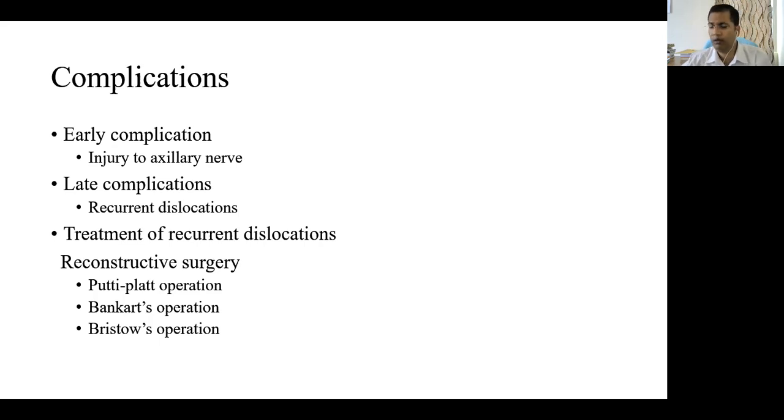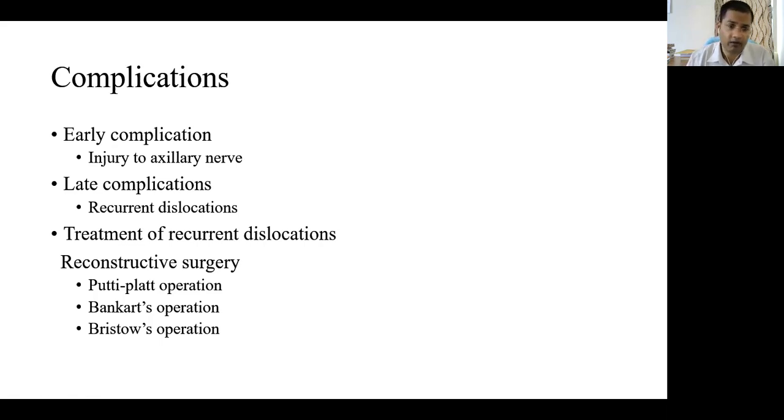Some other reasons may be there for this recurrent dislocation, just like the patient is epileptic and due to epileptic episodes, the patient falls and has dislocations, or the patient had inadequate treatment in the first dislocation. Due to improper treatment, the shoulder is not fixed properly, so it gets dislocated again and again.